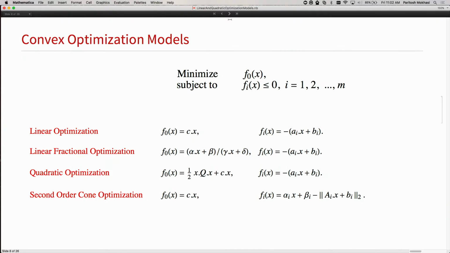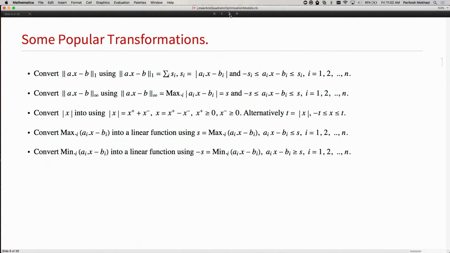It's not hard to see that the second order cone is the most general one, while linear optimization is a subset of quadratic and second order, and the other ones can also be converted into each other.